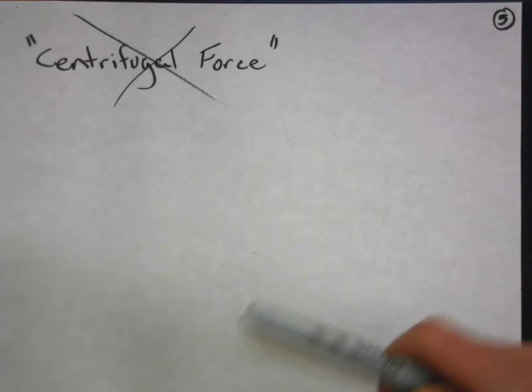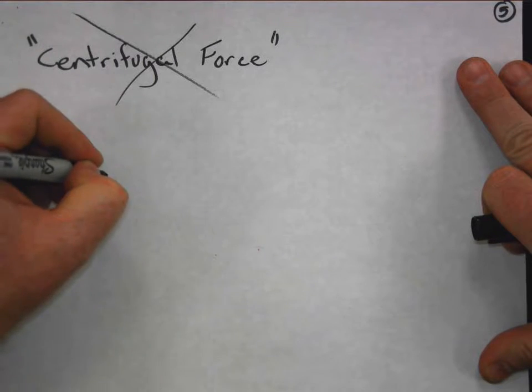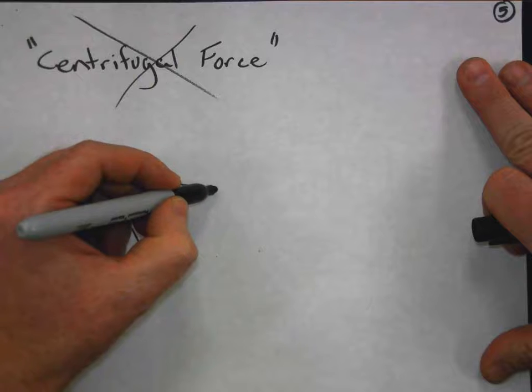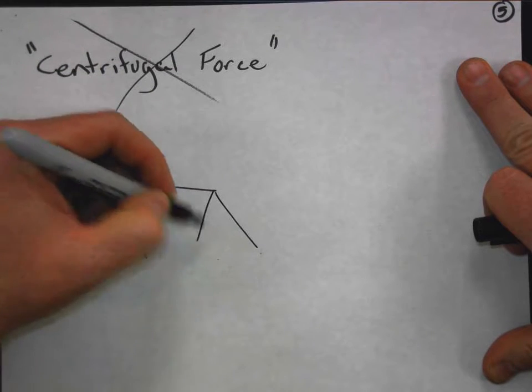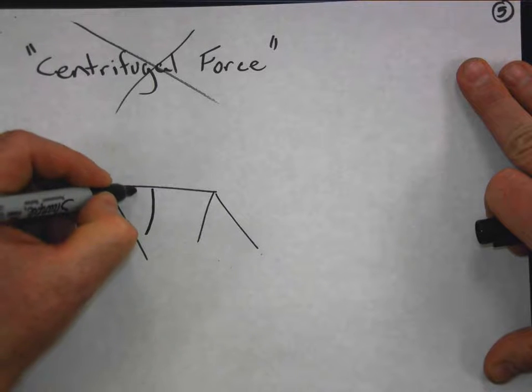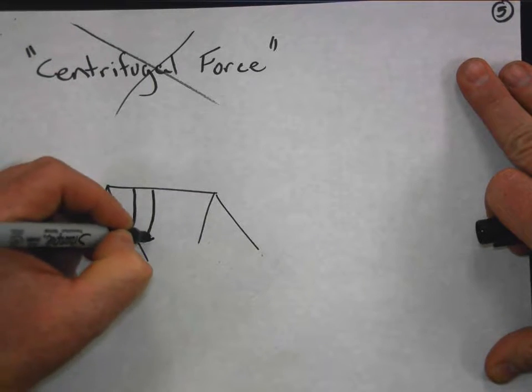When you're on a swing set, let's see if you can imagine this. Right? And you're swinging. So imagine the seat of the swing here.